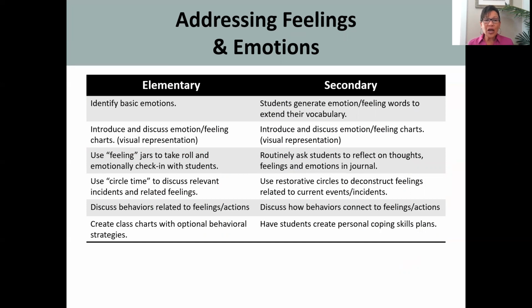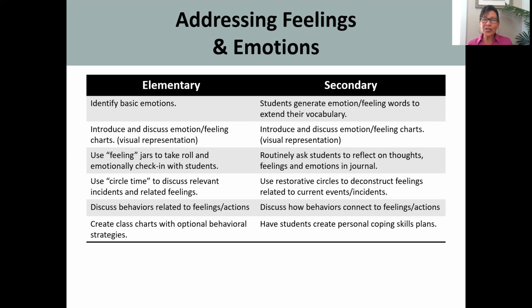So we can do that through visual representation, through charts, through having those discussions, through what we just looked at on the previous screen. We can, in an elementary classroom, use feeling jars for our students to take roll, and I'll show you a picture of that, or do emotional check-ins, and we can do emotional check-ins with all of our students, or ask them to reflect in a journal, or to reflect with a partner if they're comfortable.